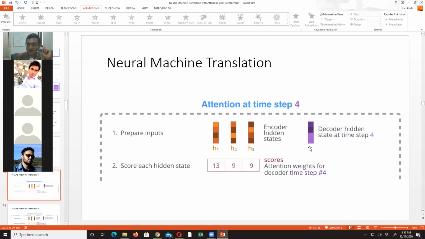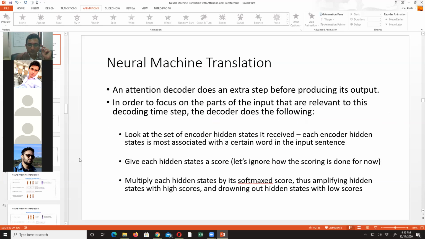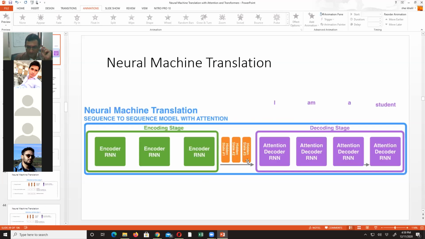At that stage, the decoder will also have a hidden state, because the decoder is also an RNN. So the decoder does not only have input coming from here, but it will also have its own input, because this is also an RNN.